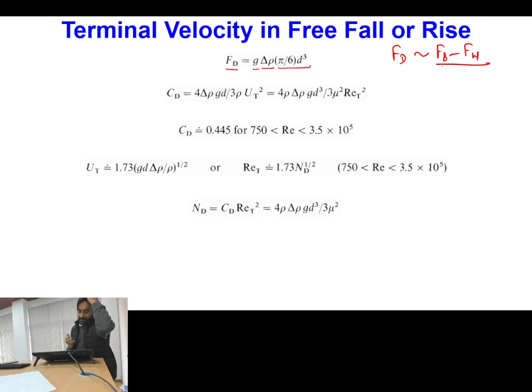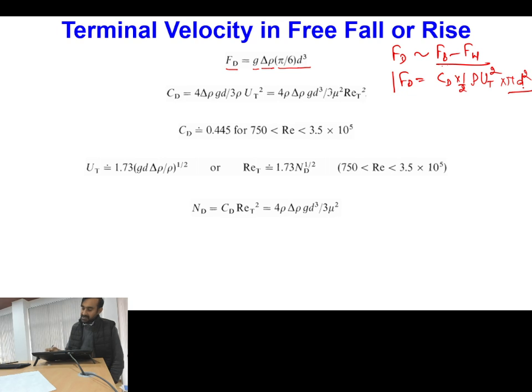Now we know that drag force can be written in terms of CD times 1 by 2 rho ut square into area, where the area is the projected area pi d square by 4. I can write drag force in terms of this value. Are all clear with this idea?